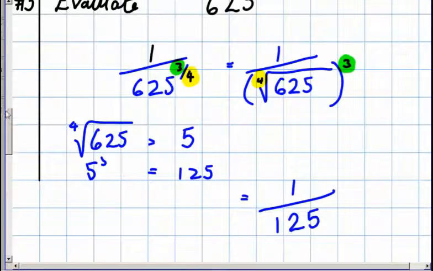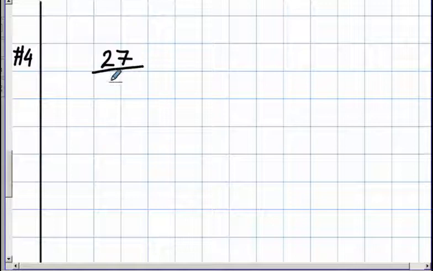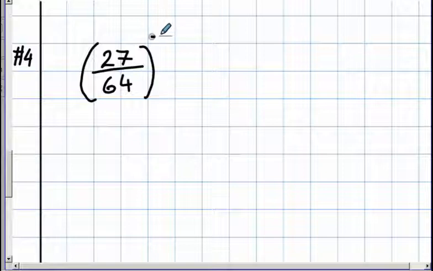Right, now I'm going to go through one super advanced one, which you almost definitely won't come up at GCSE, but it's not just about GCSE. Here you go. Example 4. I've never seen one like this, but you never know. 27 over 64, all to the power of minus 2/3.